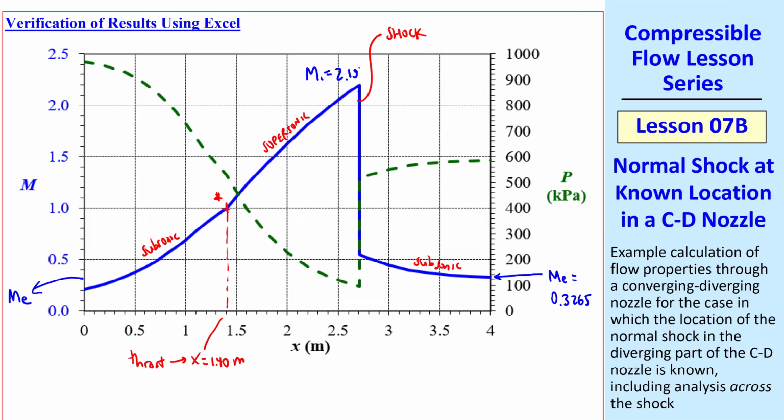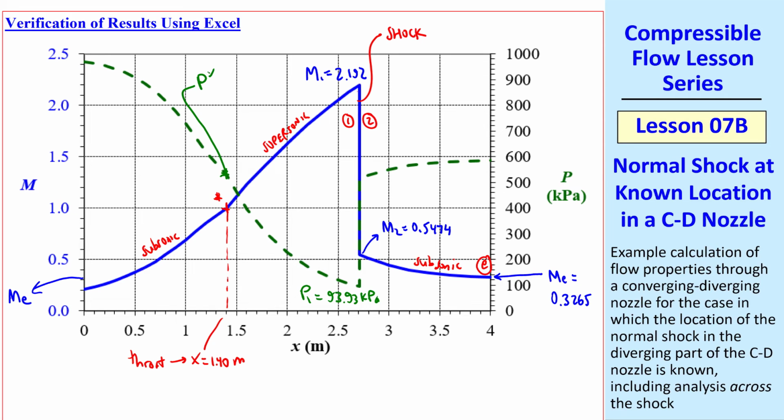I'll label some other values here. M1 is 2.192 upstream of the shock, where our notation of course is 1 in front of and 2 behind the shock, and then E at the exit plane. P1 is 93.93 kPa just upstream of the shock, and downstream of the shock, M2 is 0.5474.